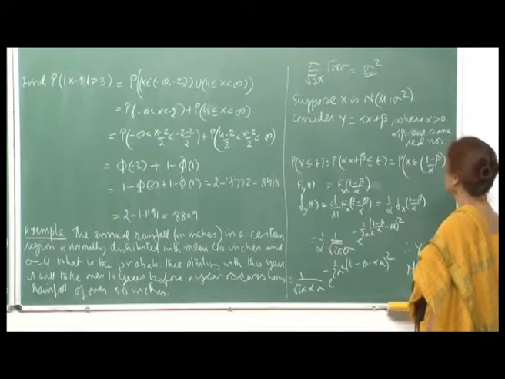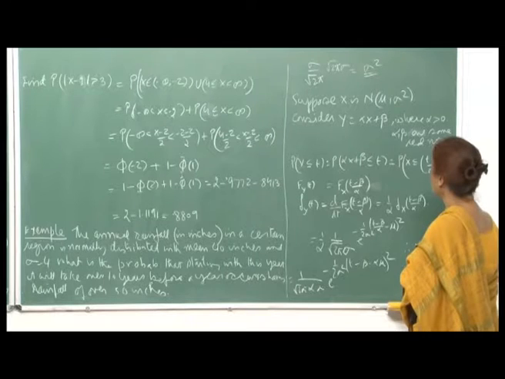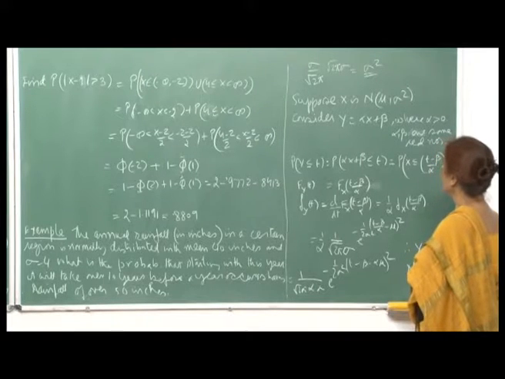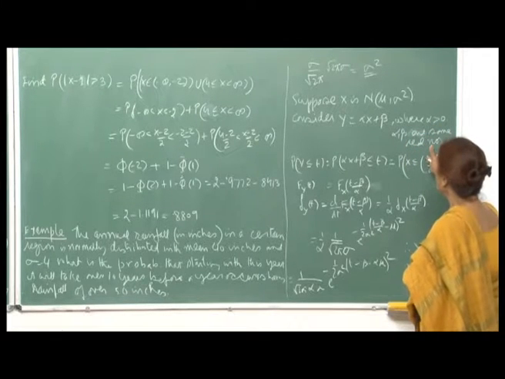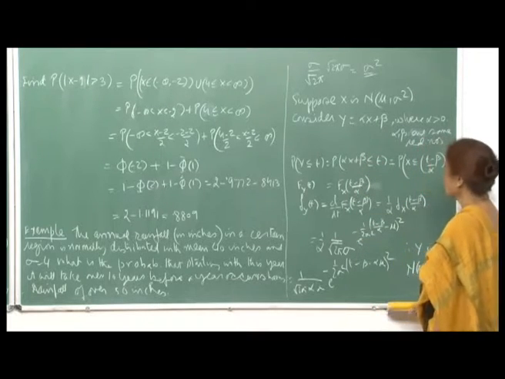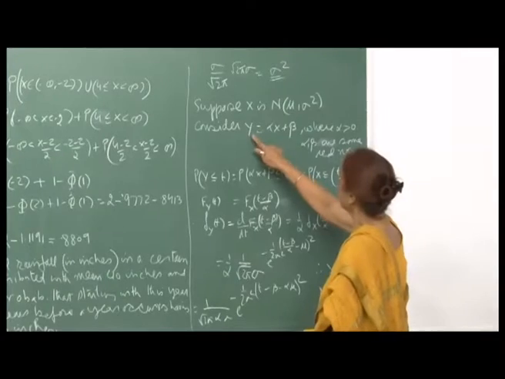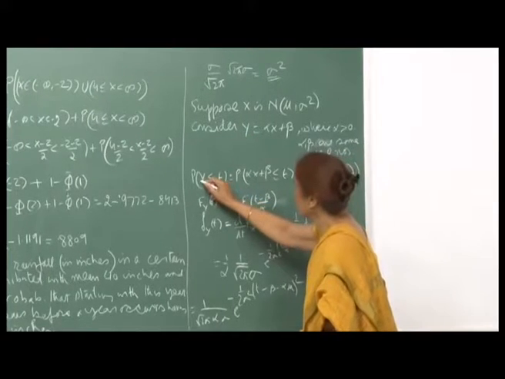Now, suppose x is N(mu, sigma square), and we consider the random variable y equal to alpha x plus beta, where alpha is a positive number and alpha and beta are some real numbers, right. So, I am continuing with the properties of the normal distribution. If you want to find out the PDF of y, then we start with the cumulative distribution function.